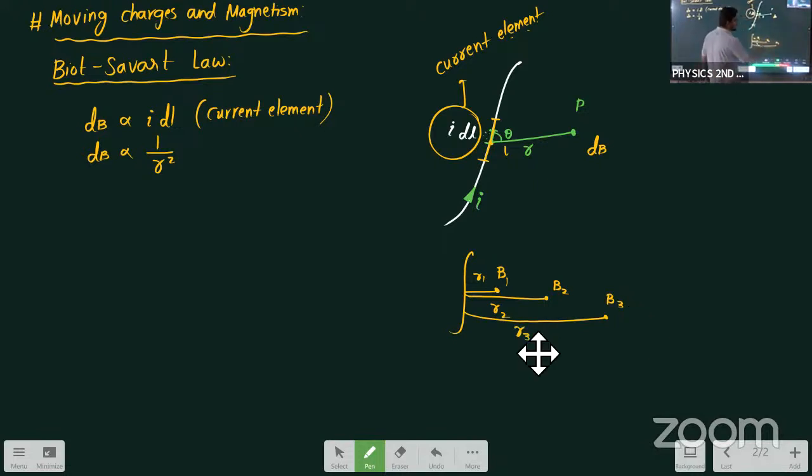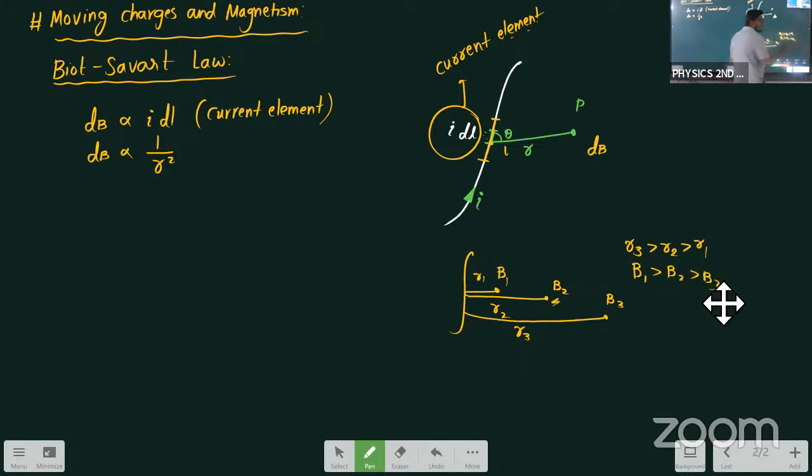By looking at this diagram, you can say that distance r3 is greater than r2, and distance r2 is greater than r1. But if I ask at which point the magnetic field will be more, you will say the magnetic field B1 will be greater than B2, and B2 will be greater than B3. So as the distance is increasing, the magnetic field developed at one particular point is decreasing. So this also obeys the inverse square law.